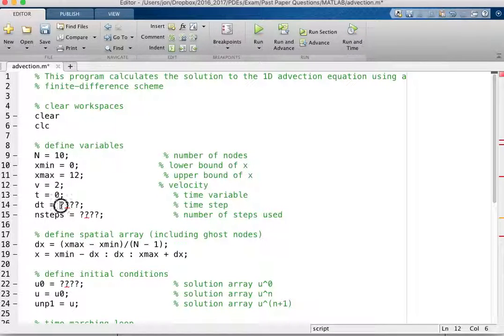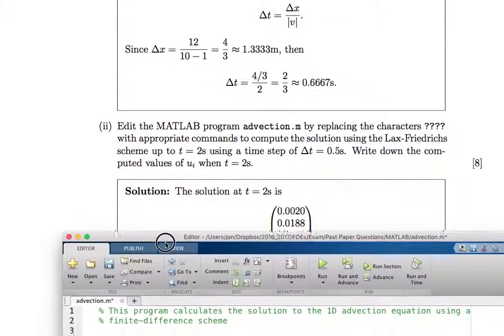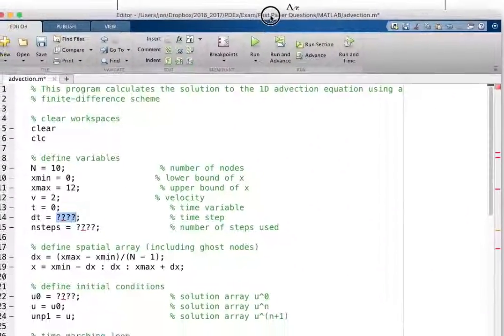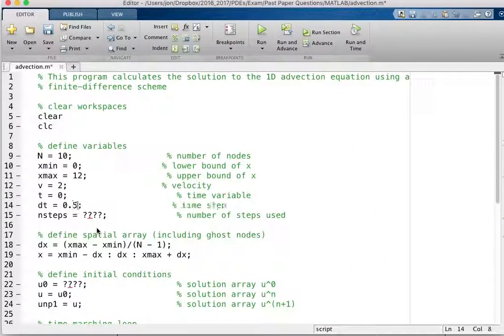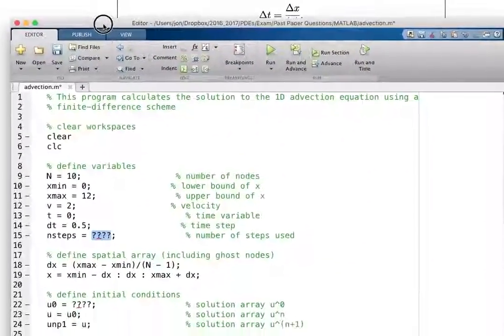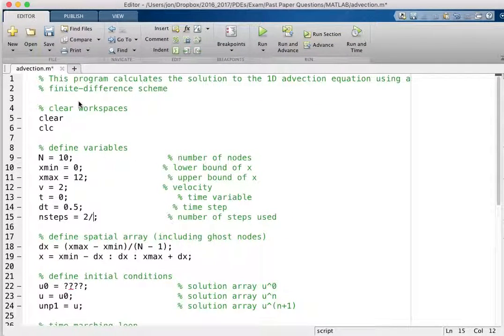The question asks us to use 0.5 as the time step, and to calculate the solution when t is equal to 2 seconds. So we're going to have essentially 4 time steps: the time you want to calculate the solution for divided by the time step gives us 4 steps.